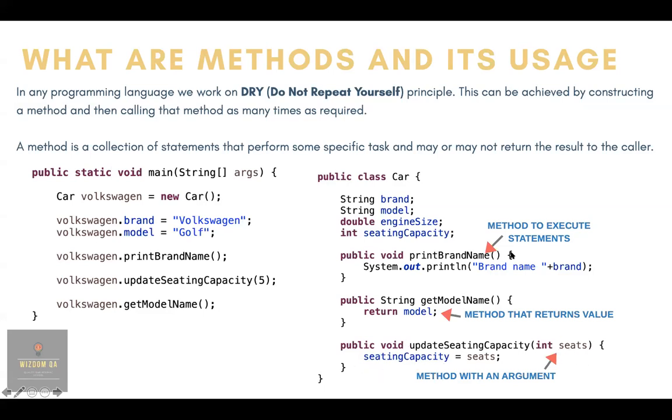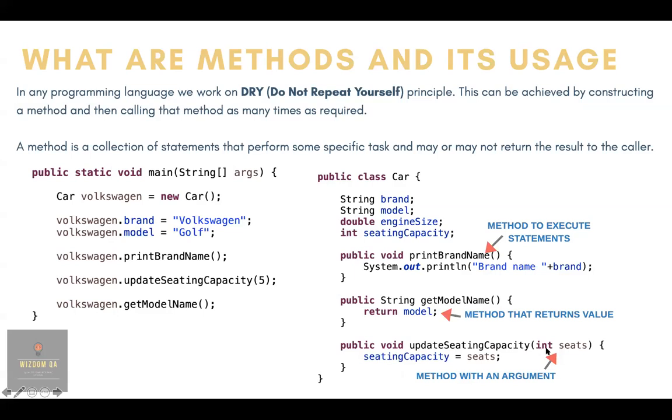Again, every method has a scope, a flower brace starting, a flower brace ending. Whatever is between is called the scope. This is the scope of the print brand method, this is the scope of the get model name method, and this is the scope of the update sitting capacity method.